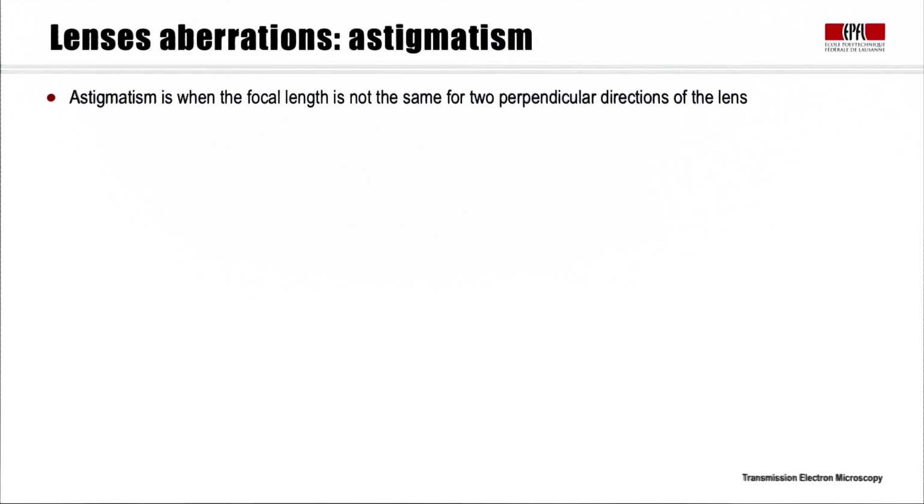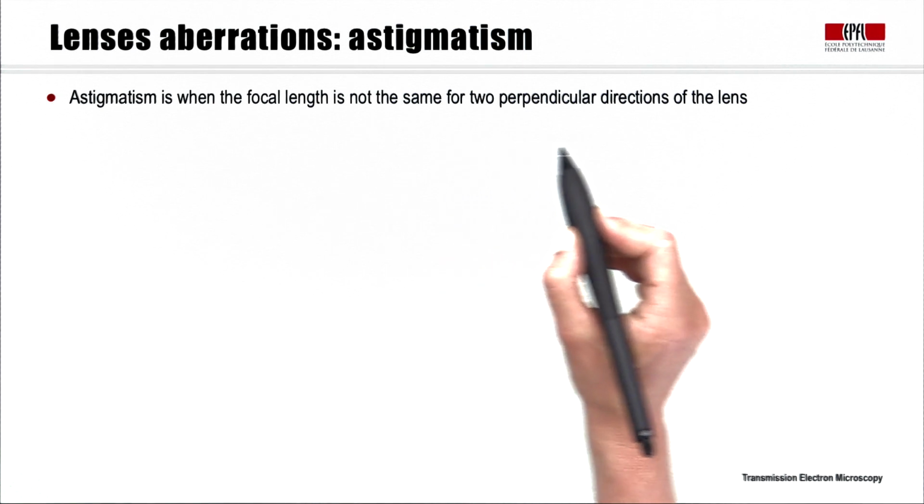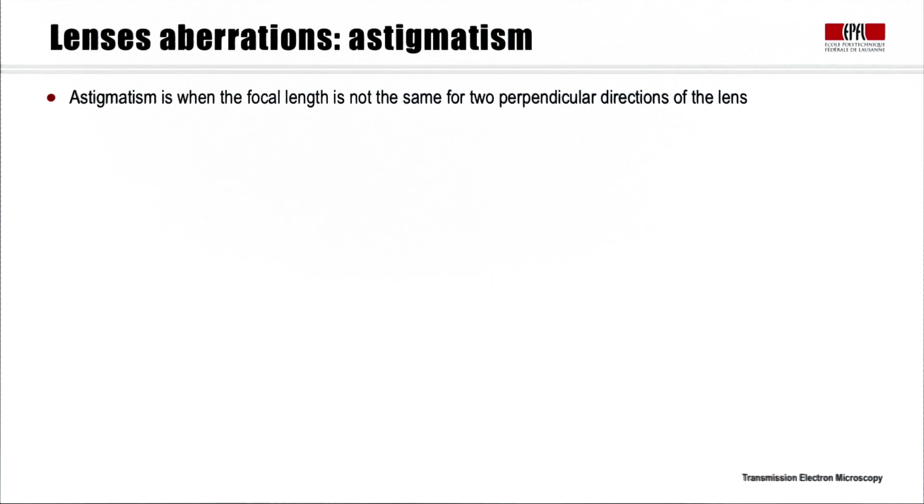So now we are left with only one aberration, and this one has a slightly different position. It's called astigmatism. Astigmatism is when the focal length is not the same for two perpendicular directions of the lens.